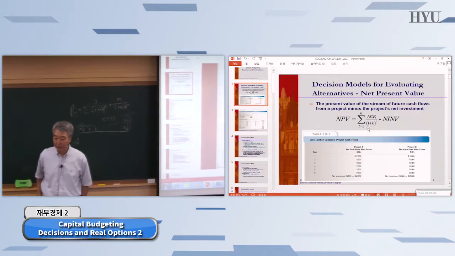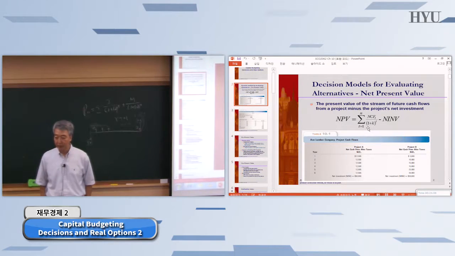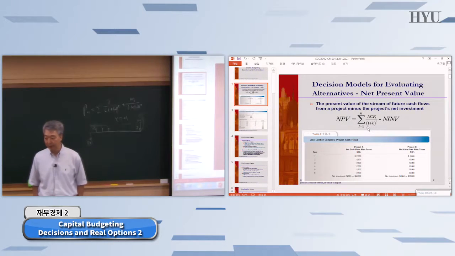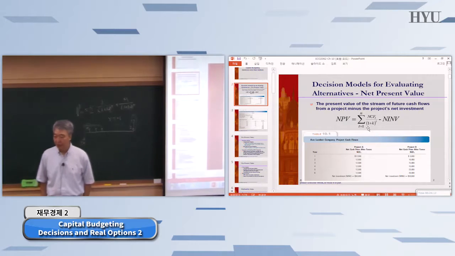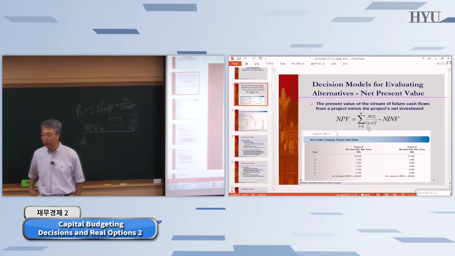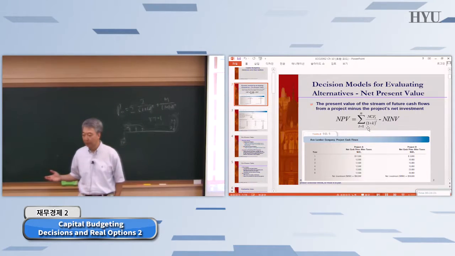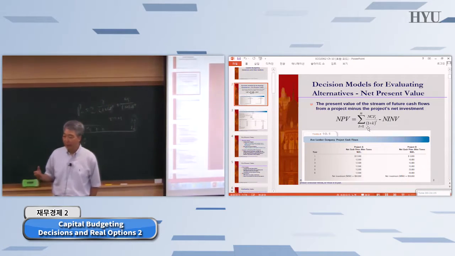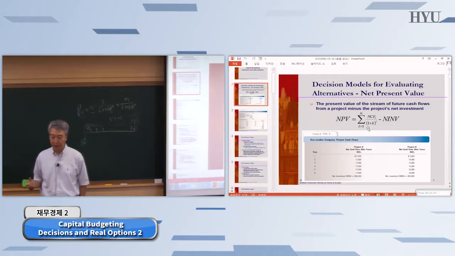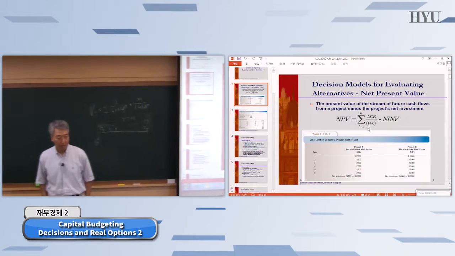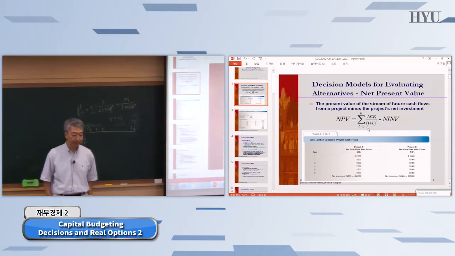So they think that assumption is not as realistic as the assumption of net present value approach, where they assume that all the available cash flows are reinvested at the cost of capital for this company, right? The cost of capital, I mean, at what percentage interest rate the company can borrow money, right?